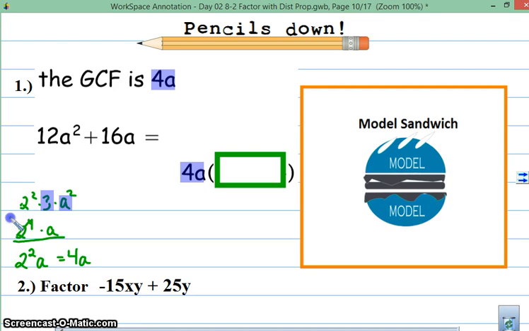There are 2 2's that are left over now. Okay. So for the first term, I'm going to put 3a. And for the second term, I'm going to put 4.